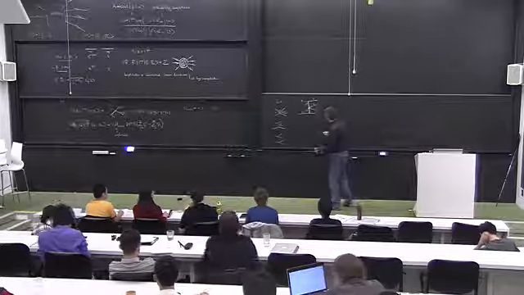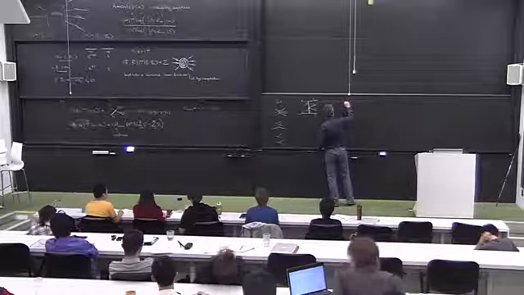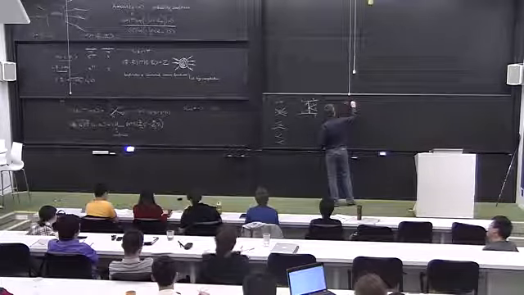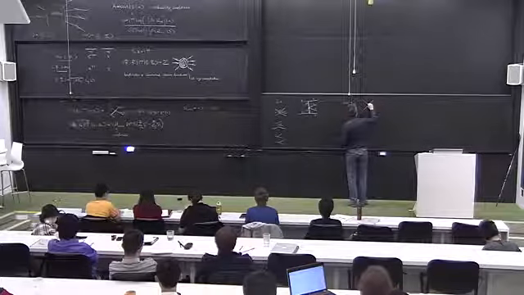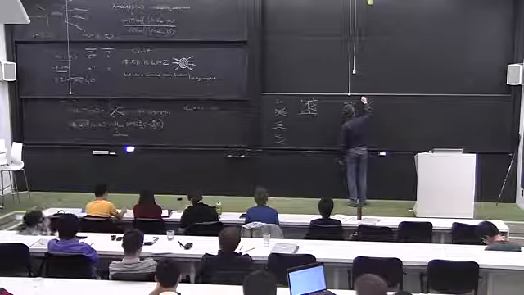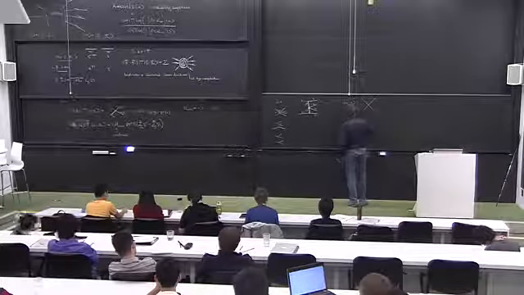Okay, so let's compare with the Green's function that we computed last time. So this was given by the diagram of this form. So this was x1, x2, x3, x4.